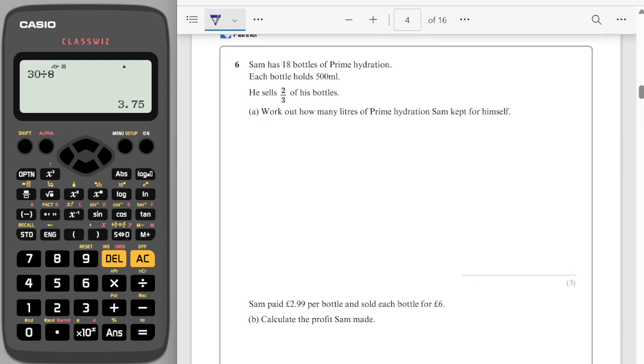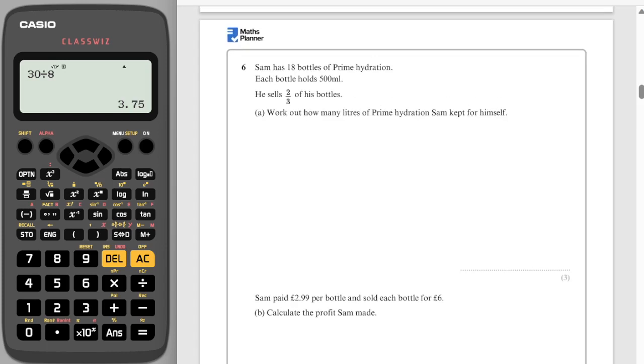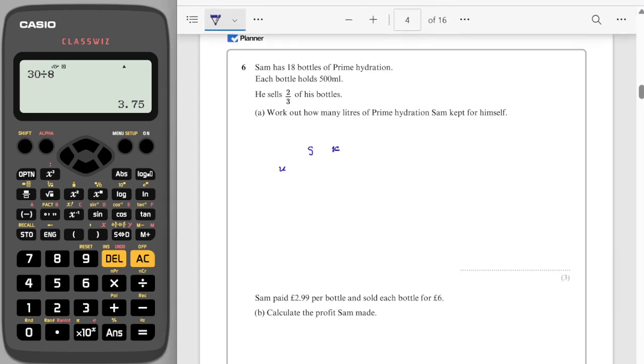So if we go sells and keeps, if he sells 2/3 of them, that means that he would keep 1/3.